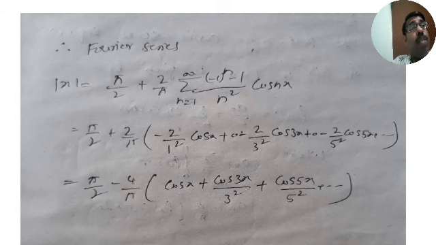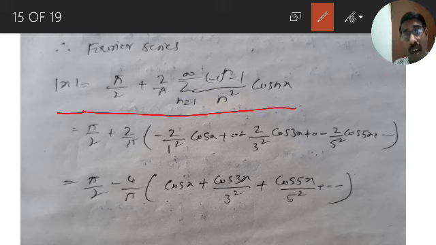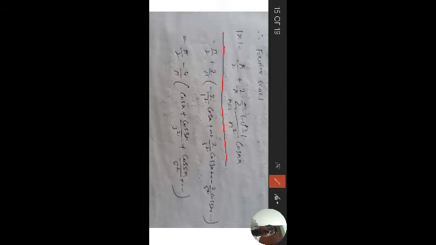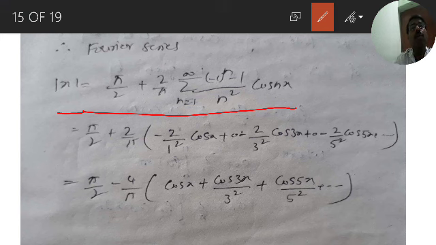Mod x in minus pi to pi is an even function. So mod x is equal to pi by 2 plus 2 by pi sigma n equal to 1 to infinity minus 1 whole power of n minus 1 by n square into cos nx. Now substituting a naught and an terms in the Fourier series of the even function, we got mod x is equal to pi by 2 plus, so what did we get?